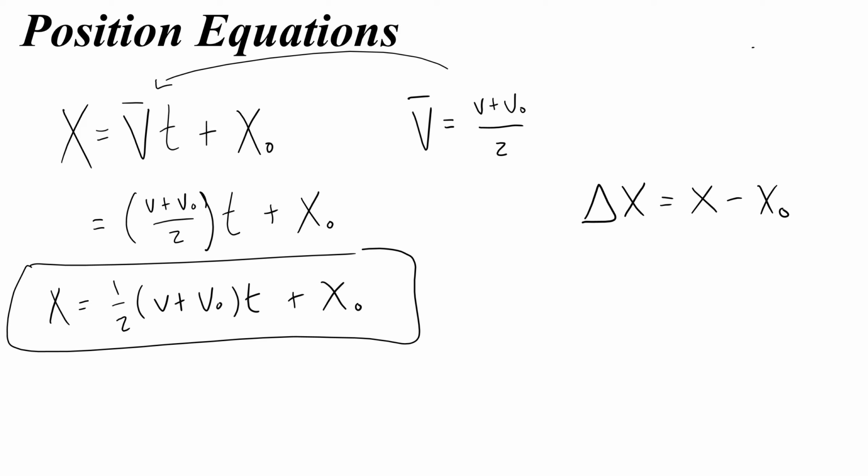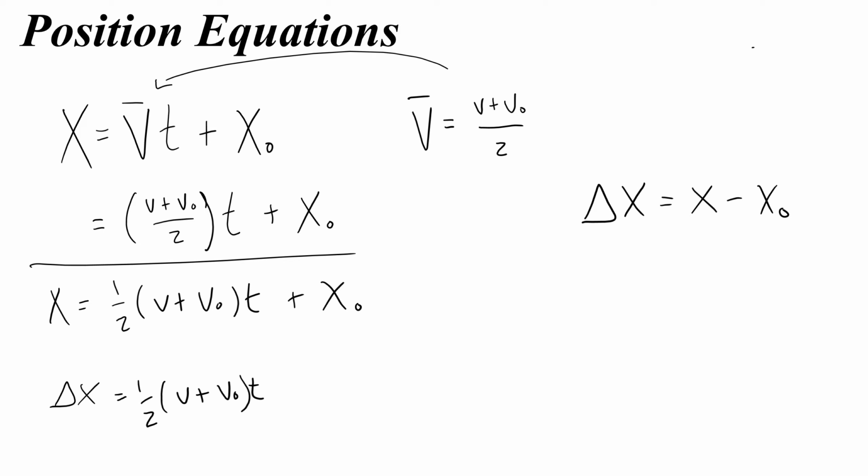So if I wanted to, I could subtract x naught from both sides and get x minus x naught equals 1/2 (v plus v naught) t, and then rewrite this left-hand side just as delta x. So sometimes we will see the equation written like this, where I have the initial position on the right and the final on the left.